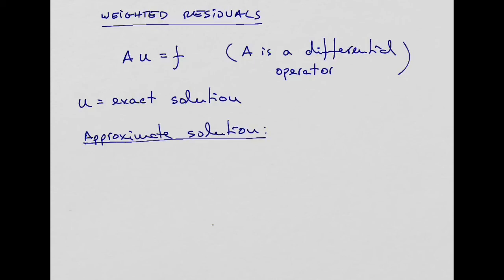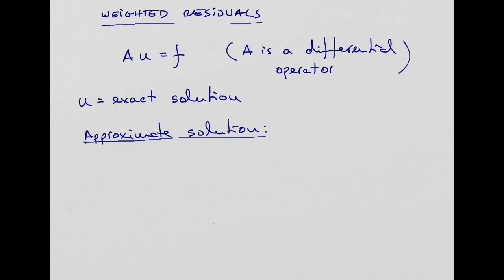which is going to be a solution in the form, so I'm going to call that solution u with a hat and with a subscript n. This subscript n is related with the number of terms this approximation will have.